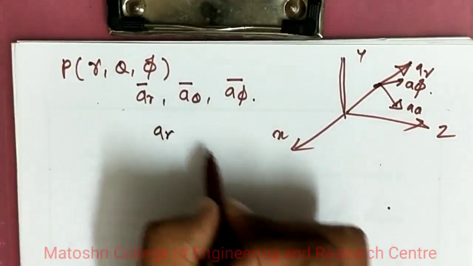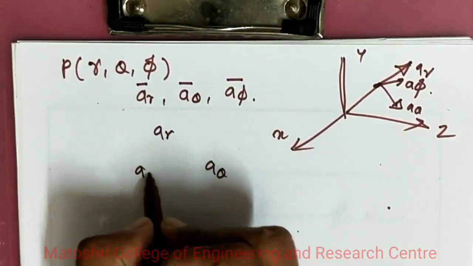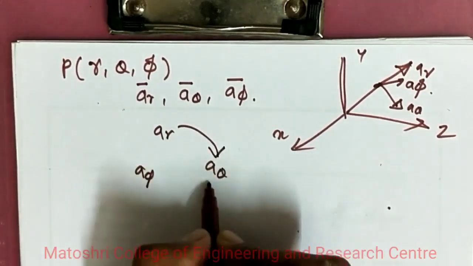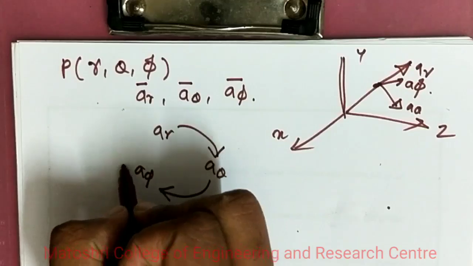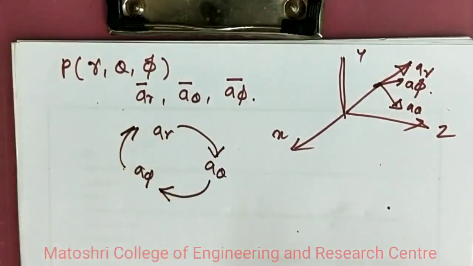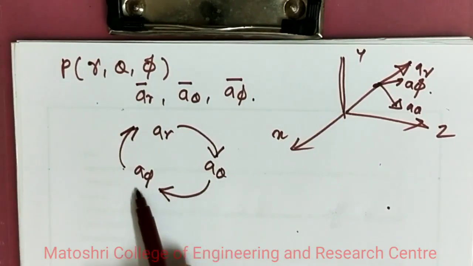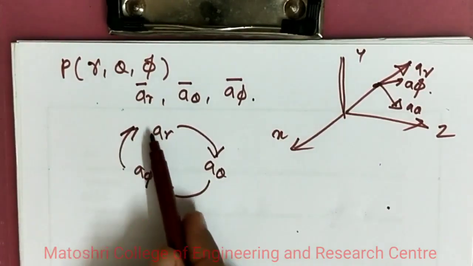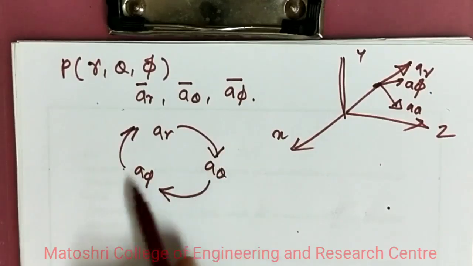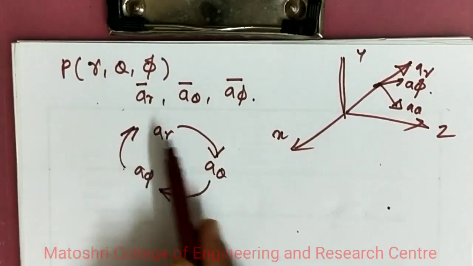Why? Because AR, A theta and A phi: if you are moving in the direction of the arrow, the cross product is positive, else it will be negative. That is, AR cross A theta will be plus A phi, A phi cross AR will be plus A theta, and A theta cross A phi will be plus AR.